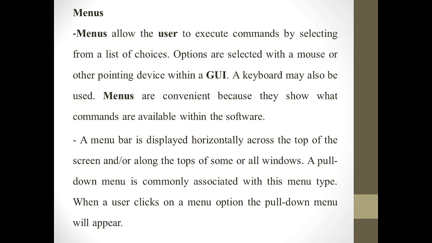A menu bar is displayed horizontally across the top of the screen and or along the tops of some or all windows. A pull-down menu is commonly associated with this menu type. When a user clicks on a menu option, the pull-down menu will appear.